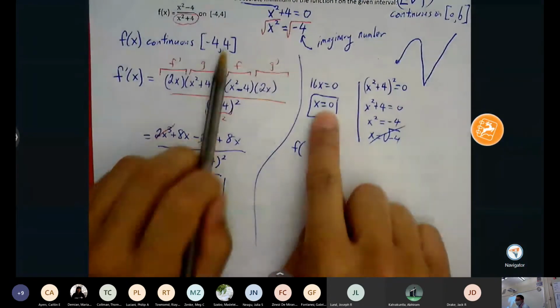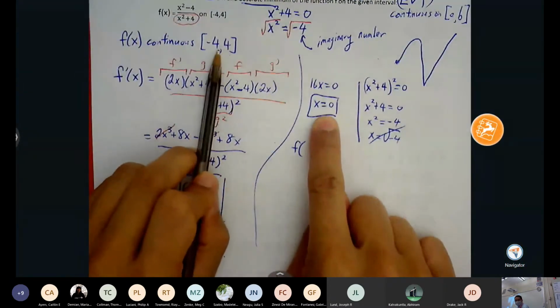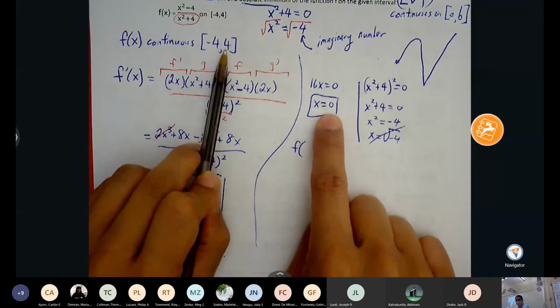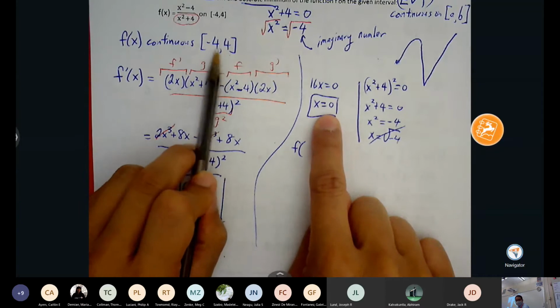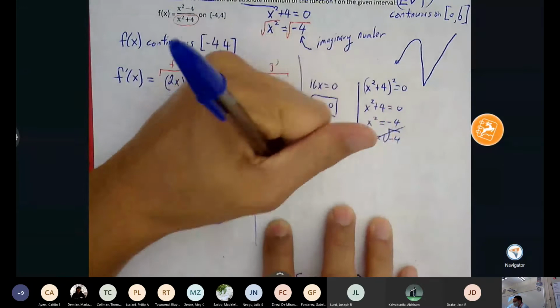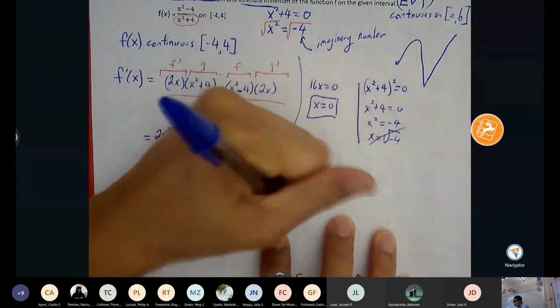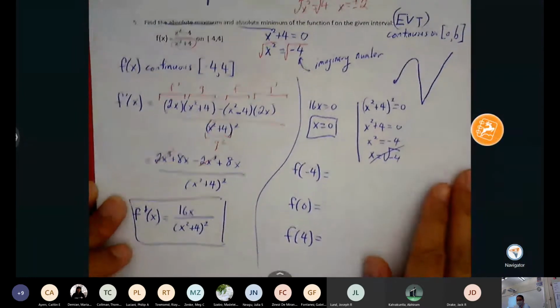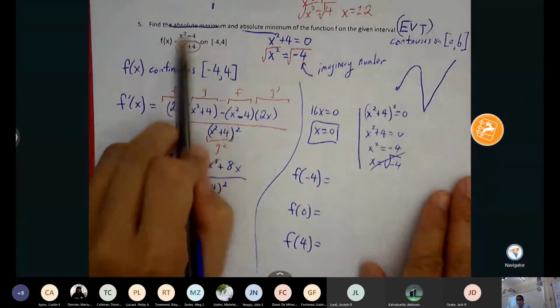So now we know that we have 3 locations where there could be a max or min, and we're guaranteed the max and mins come from one of these 3 locations. So now, what do we do? Original function, right? Now we're looking for location, and location is f of x. Back in here.